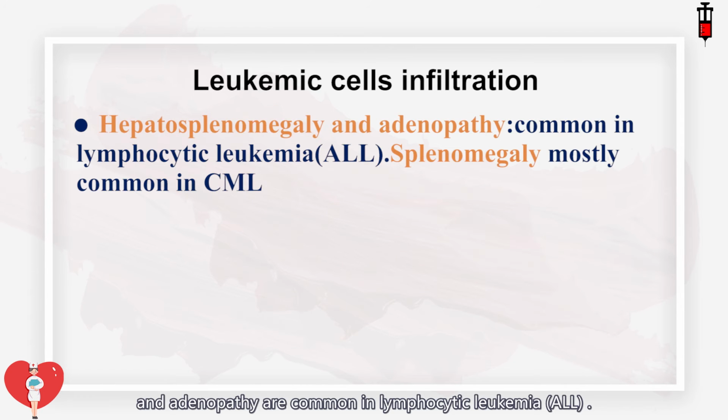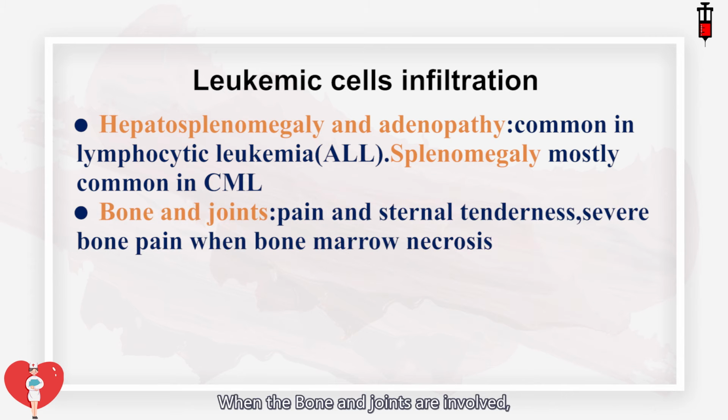Hepatosplenomegaly and adenopathy are common in lymphocytic leukemia. Splenomegaly is most common in CML. When the bone and joints are involved, patients will feel pain and sternal tenderness.